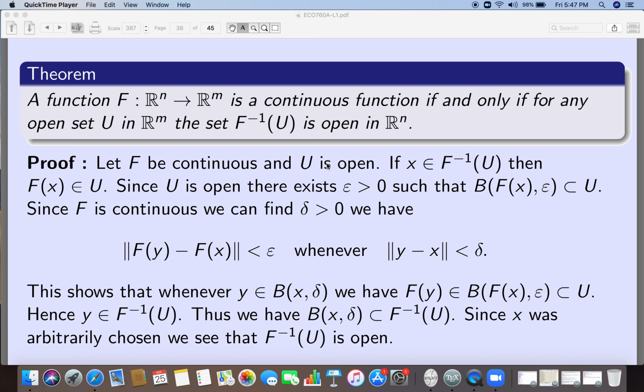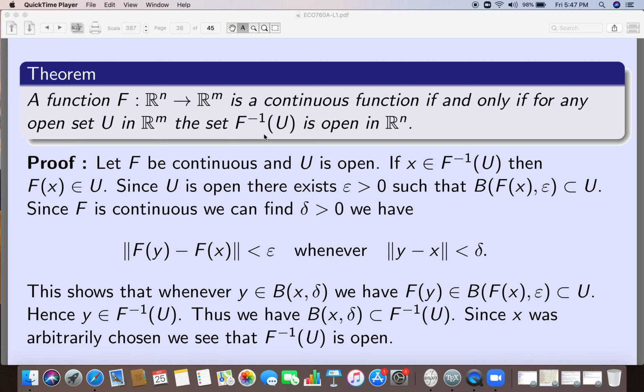The inverse mapping is not always a point mapping unless there is a bijection, and a bijection would happen when n is equal to m. So for a set U, F inverse of U is obviously a set. It's called the inverse image of the set U.